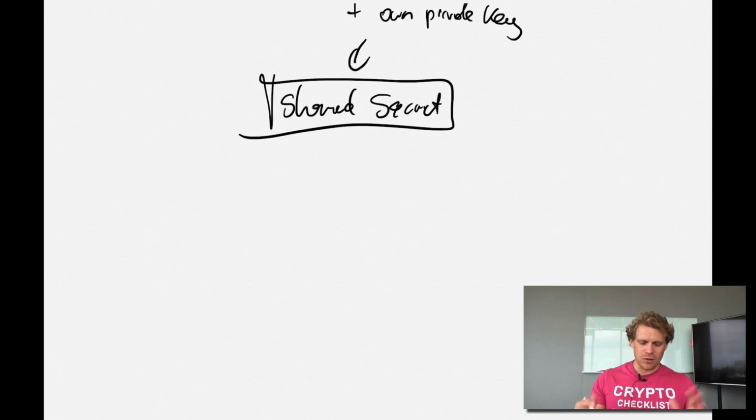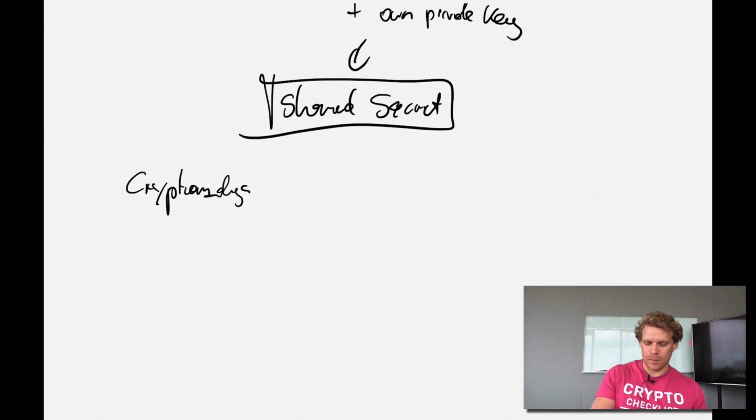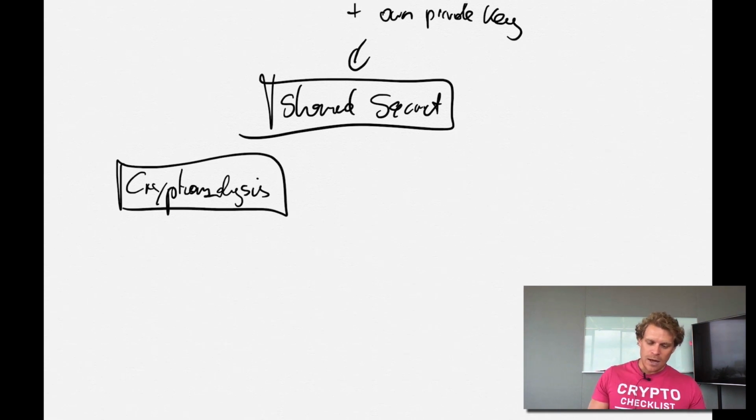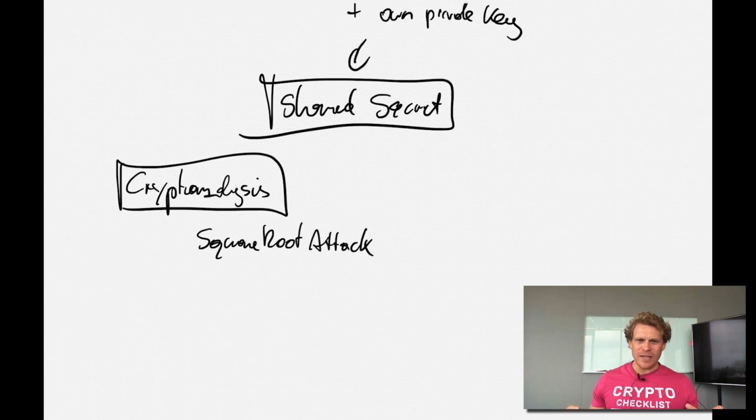let's go and talk about cryptanalysis. If you want to crack this, what you would have to do is called a square root attack. And in this case, if we had a key of 2 to the power of 160, then it would take you 2 to the power of 80 attempts. And this is still hard.